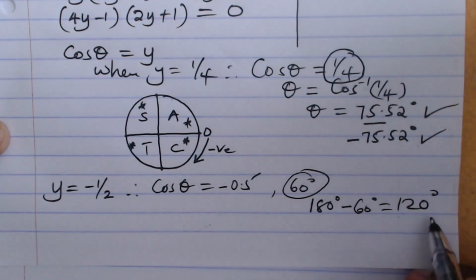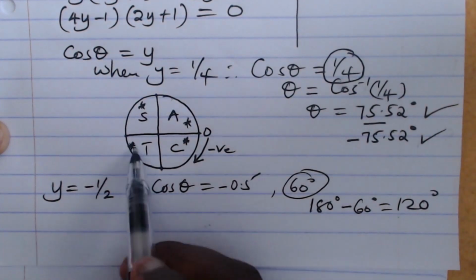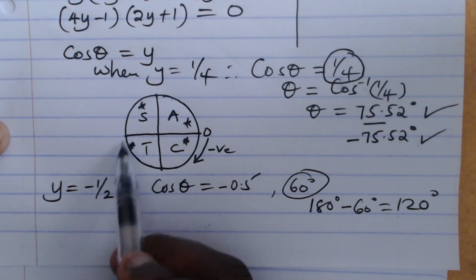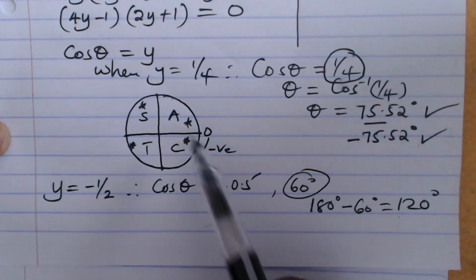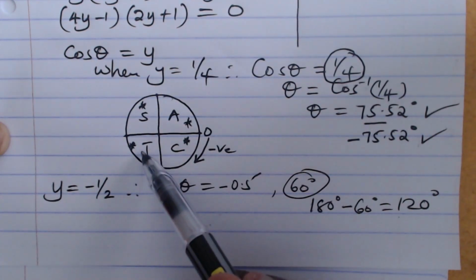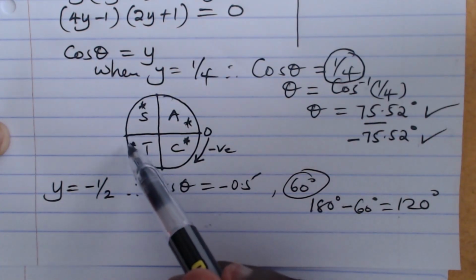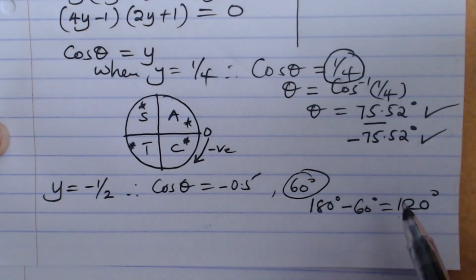So this is the first angle. For the third quadrant, we would take 180 plus 60, which gives 240, and 240 is out of the range. Remember, our range is from negative 180 to 180.